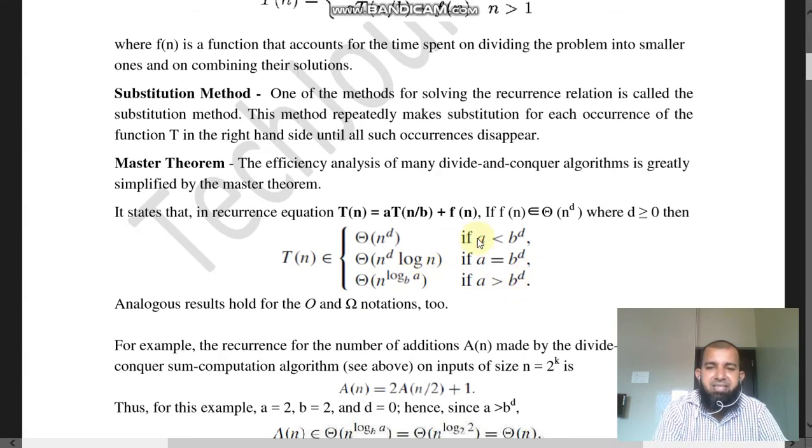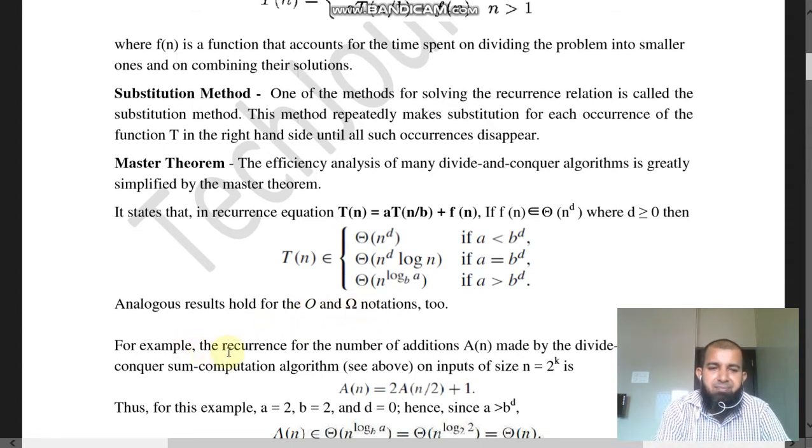So these are the three cases. Analogous results hold for big O and omega notations too.